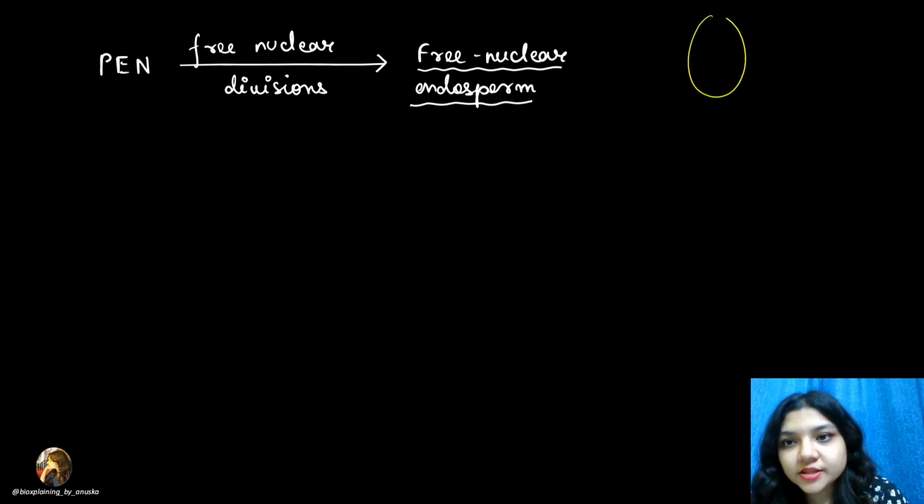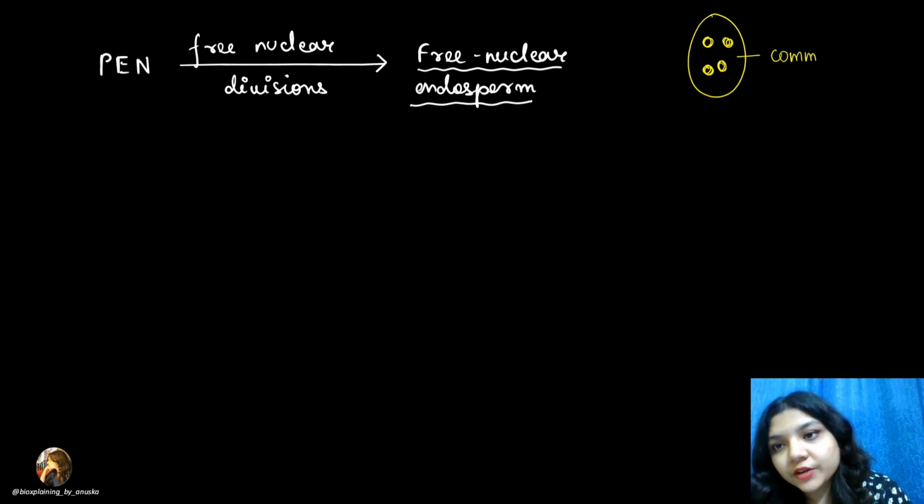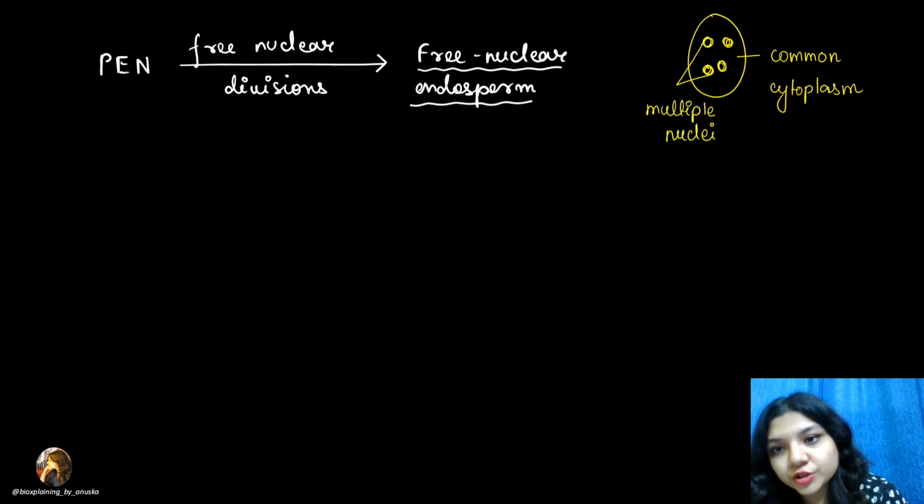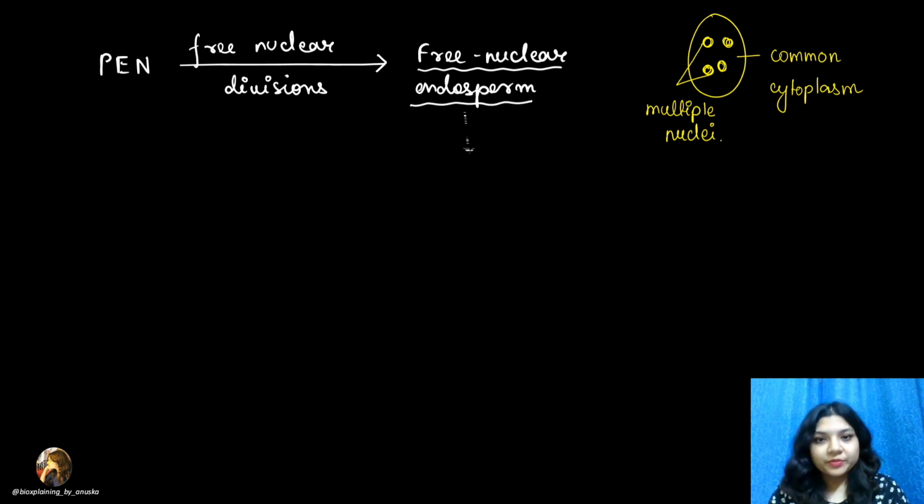That means in a common cytoplasm, multiple nuclei will be present. This is known as free nuclear endosperm.